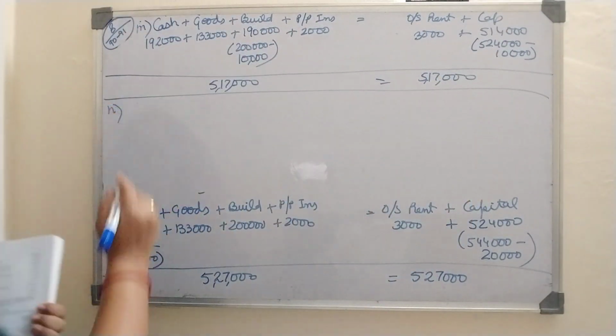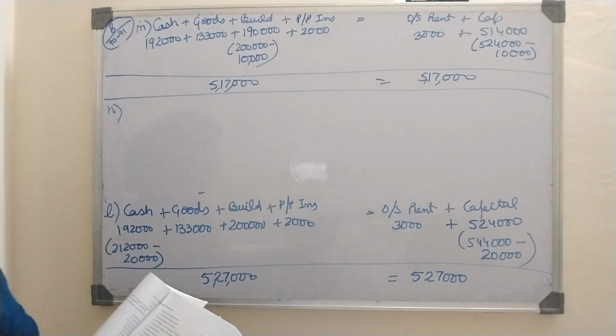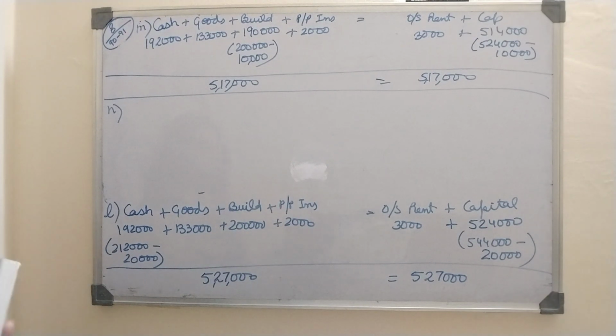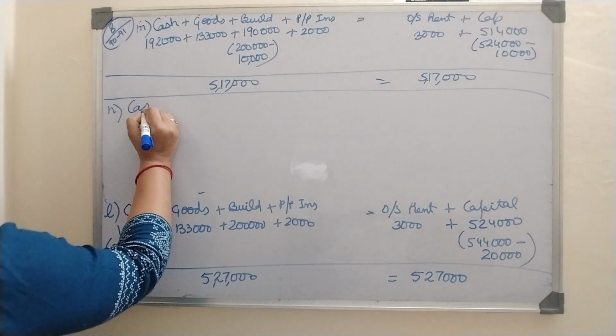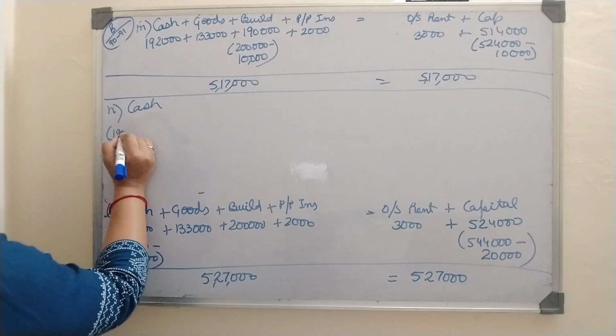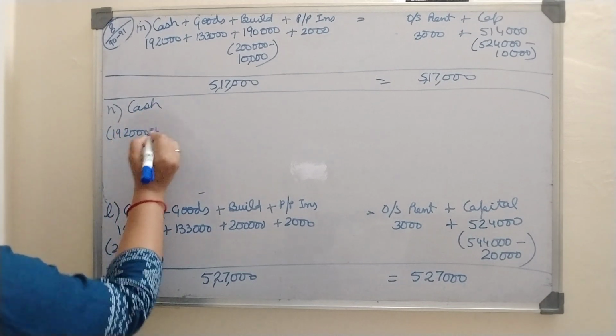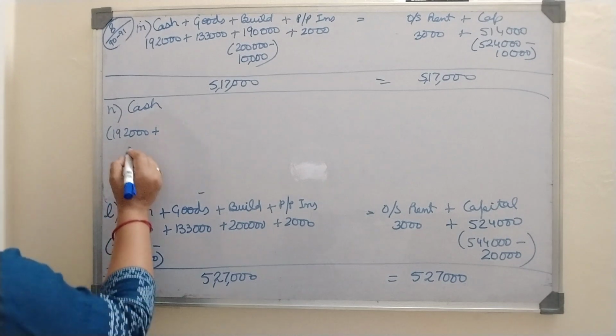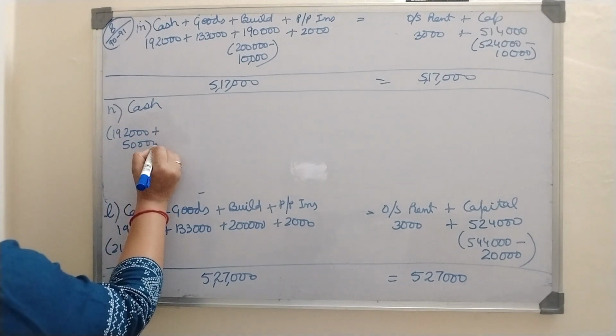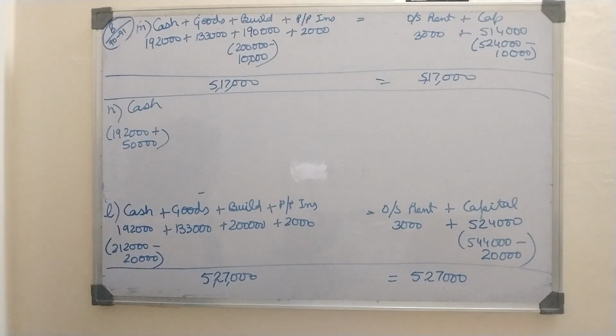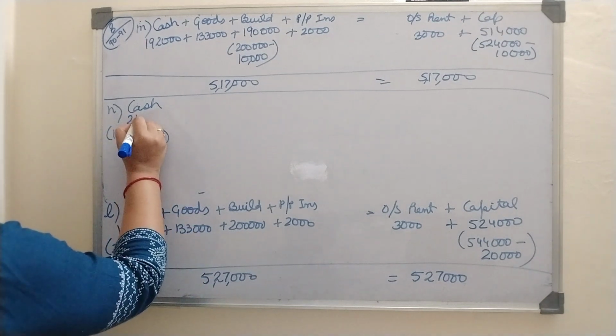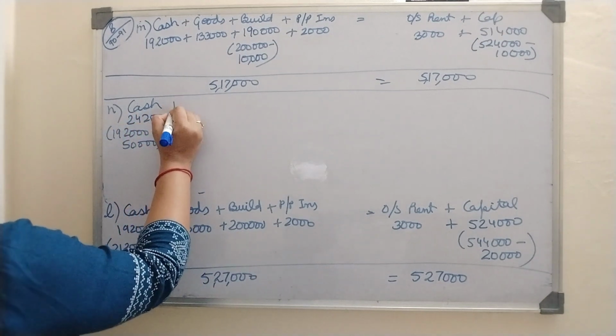Now the N part. Fresh capital invested 50,000. It means cash is increased and capital is increased. I hope the logic is getting clear now. You are understanding how it is affecting our books of account. 1,92,000 plus 50,000 gives us 2,42,000.